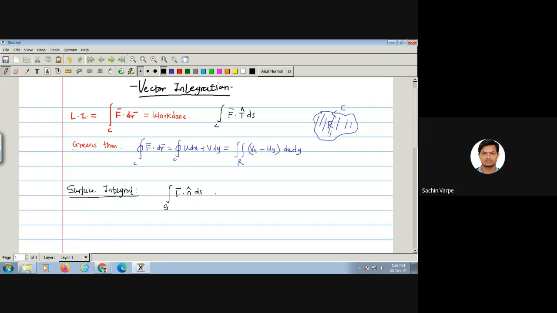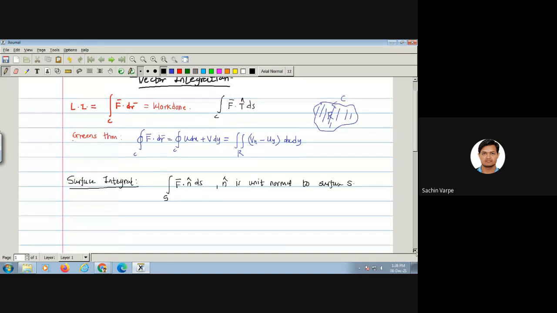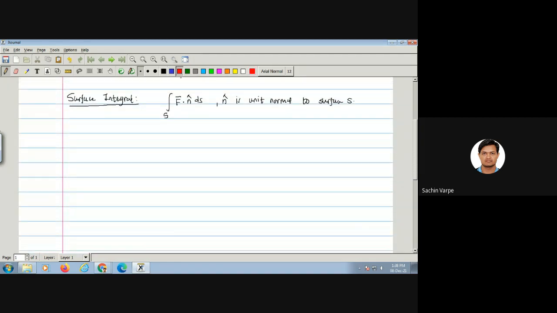So this n cap is the unit normal to the surface S, and accordingly we have the area element ds. Suppose this is the x axis, this is the y axis, and this is the z axis.